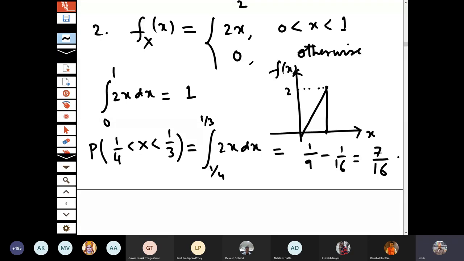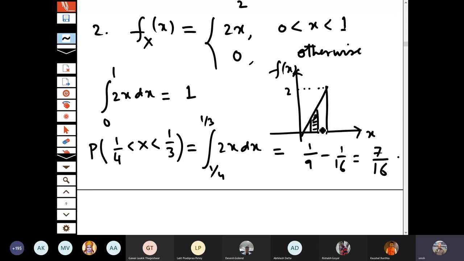Another thing that you can understand here is that in the case of a continuous random variable, the probability of every point will be 0, because the probability of an interval is defined to be the integral over that. So when you consider an interval, whether you include the end point or not, it does not make any difference, because the integral does not change the value. When I say, for example, 1 by 4 to 1 by 3, this is this area.